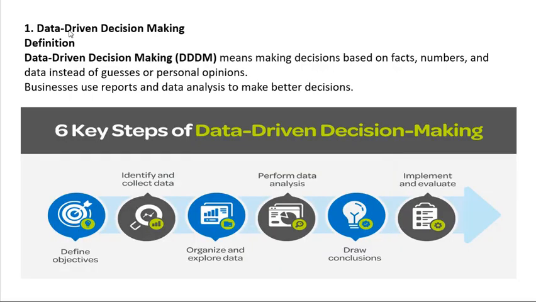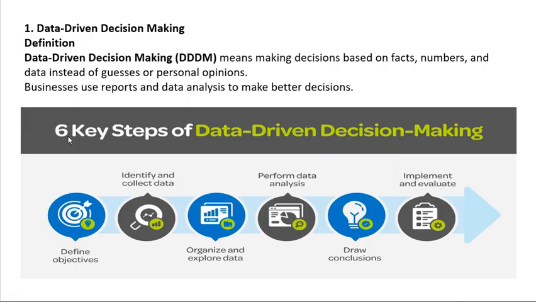First, data-driven decision making, or DDDM, means making decisions based on facts, numbers, and data instead of guessing or personal opinions. Businesses use reports and data analysis to make better decisions.